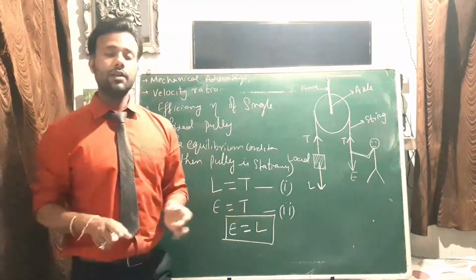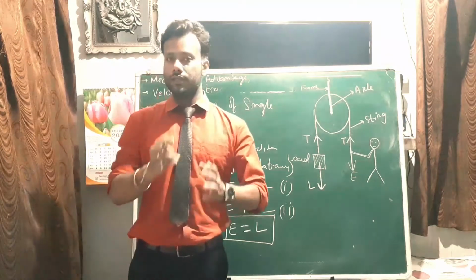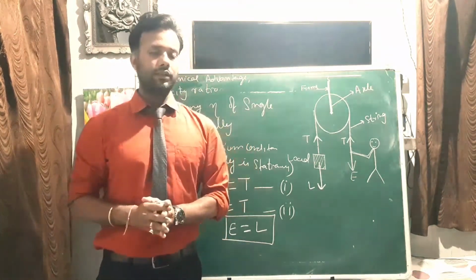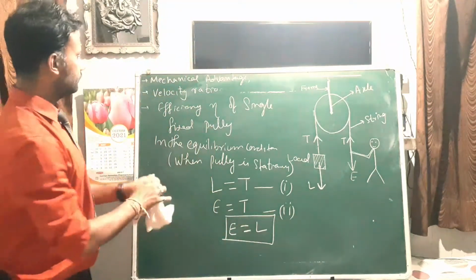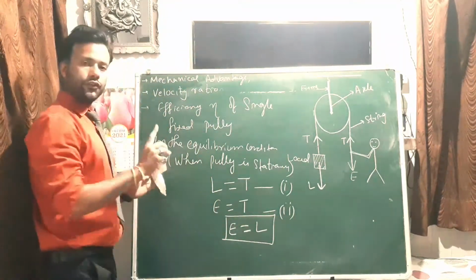Now let's see what is the mechanical advantage, because we know what is the value of MA? It is load upon effort. So let's calculate. You can take a screenshot.